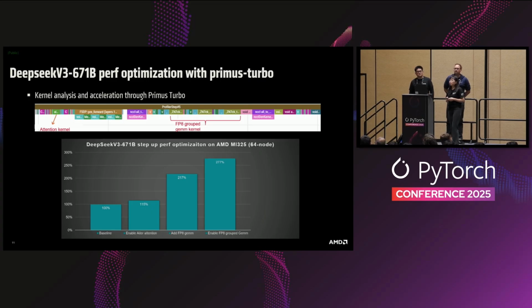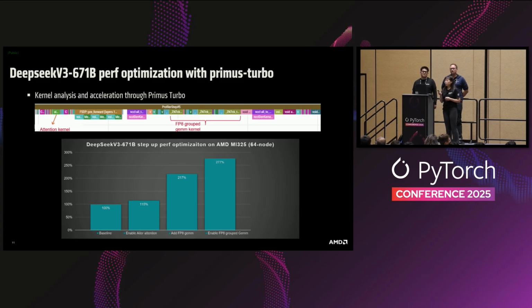Then we use the kernels in Primus Turbo to accelerate them. The bar chart here shows the per-step optimization using the Primus Turbo kernels in a 64-node DeepSeek pre-training run. In terms of throughput, we baseline at 100%.